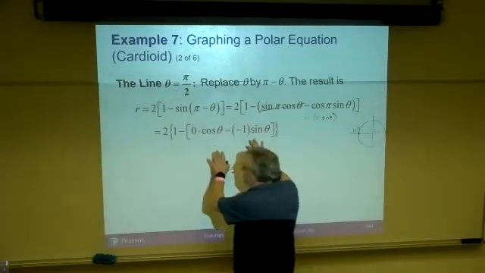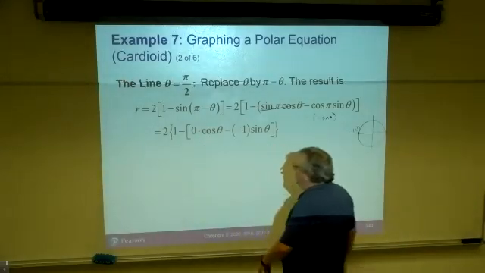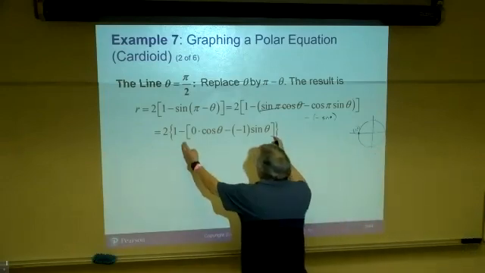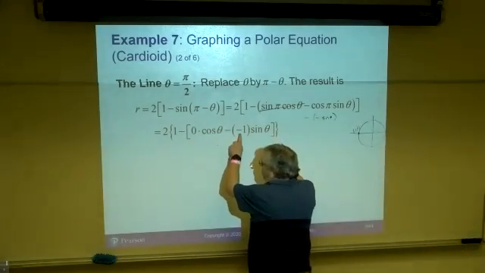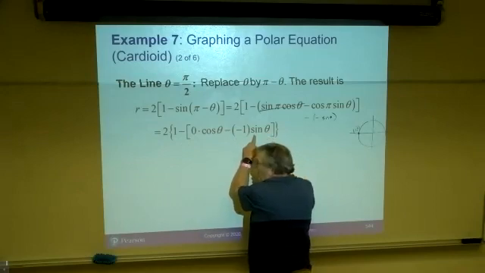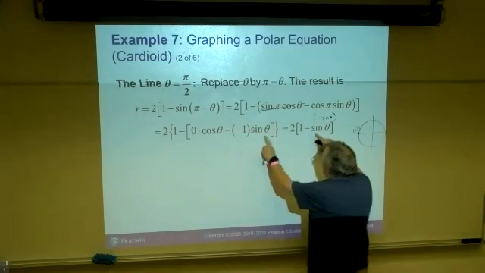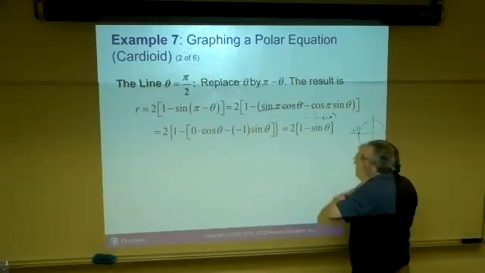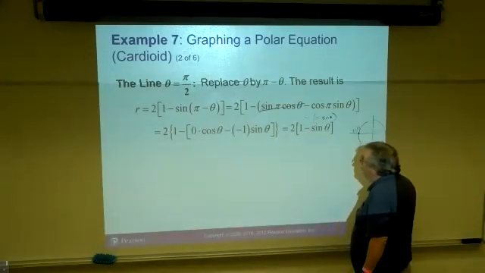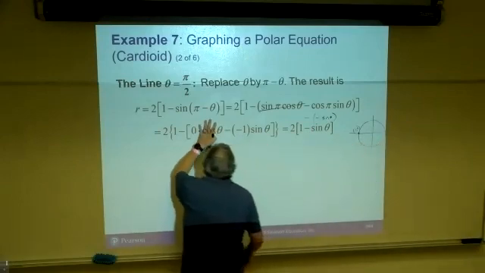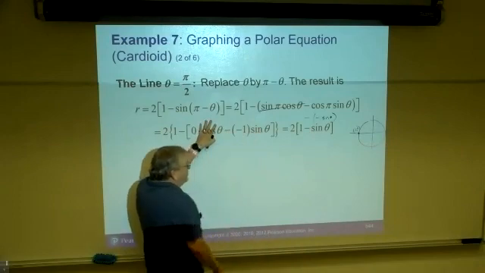Sometimes they show this step, they don't always show this step. And so inside the bracket, you have minus a negative, which is just sine. And so then you just have 1 minus sine theta, because this disappeared and this became positive.